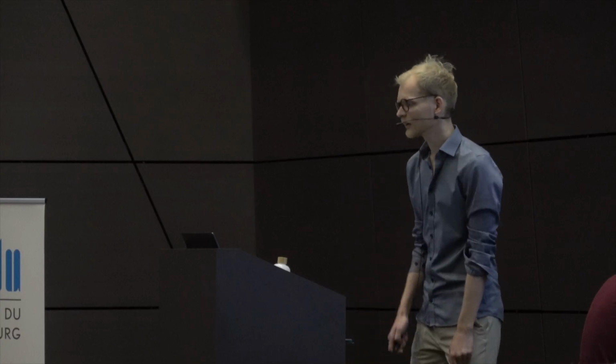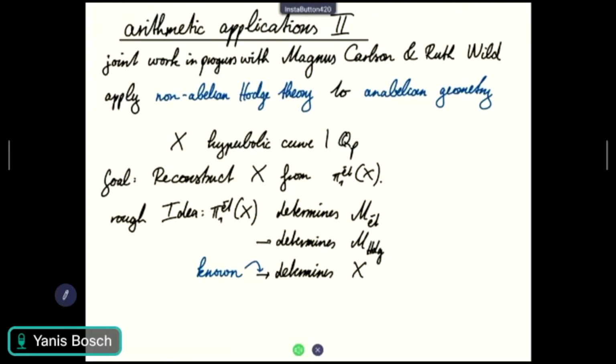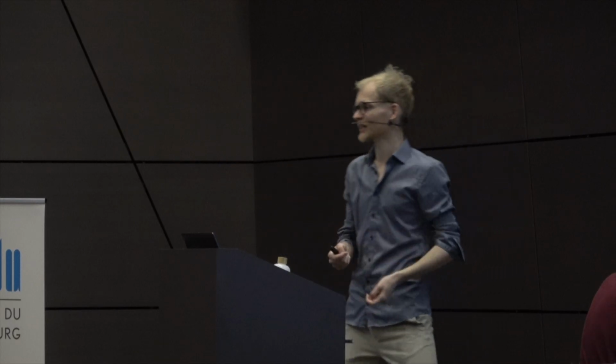But we can now give a new approach to this. Very roughly, the idea is that what the étale fundamental group determines is really the stack of local systems, because in some sense this is just a stack of representations of this fundamental group. So if you know the group, then you know its representations, and therefore you know this moduli space of local systems. And because we know something about moduli spaces in p-adic non-abelian Hodge theory, we can make precise the idea that this moduli space determines the Higgs moduli space.